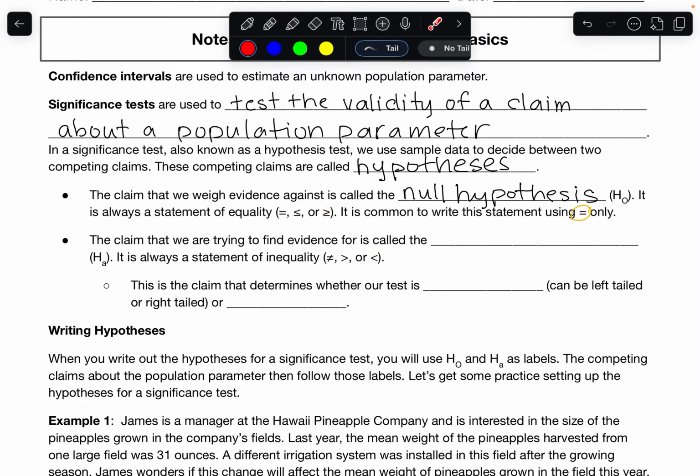Because the structure of our test only depends on the second statement, it doesn't really matter whether I use an equal sign or a less than or equal or a greater than or equal, which is why most statisticians, myself included, just default to equal. Because as I mentioned before, statisticians are lazy.